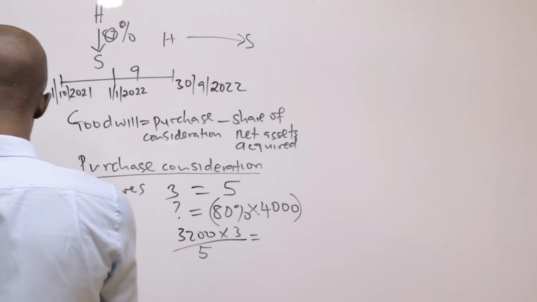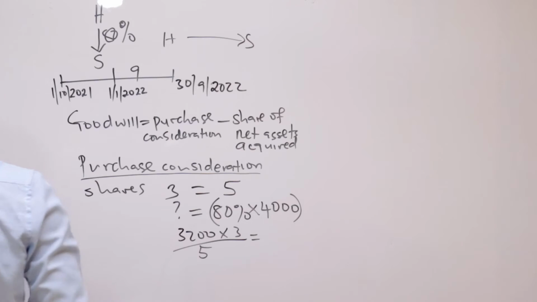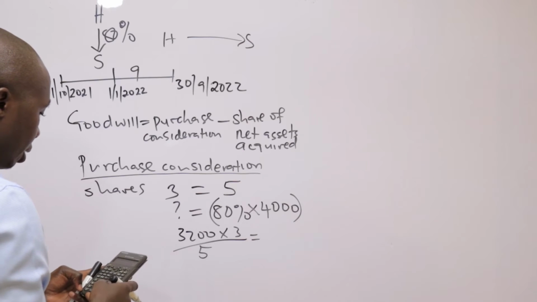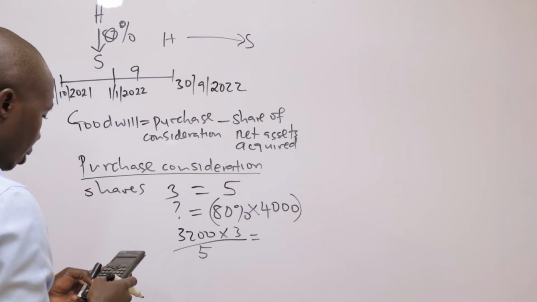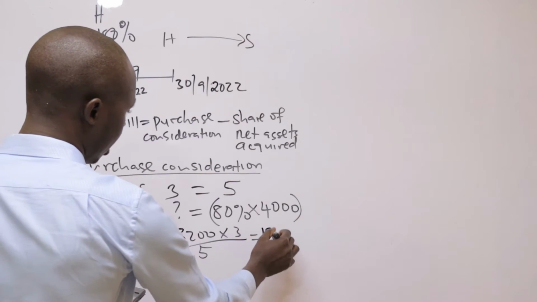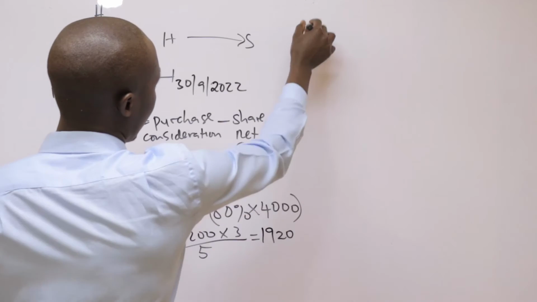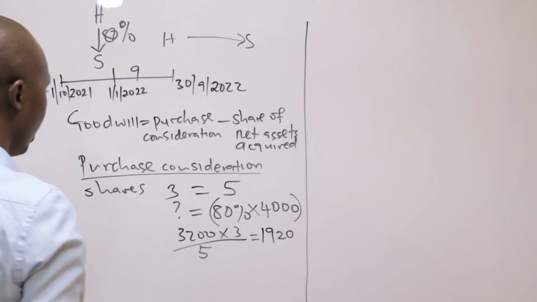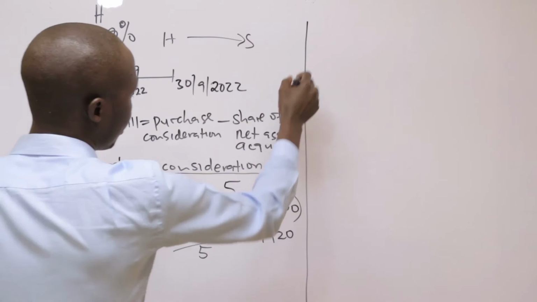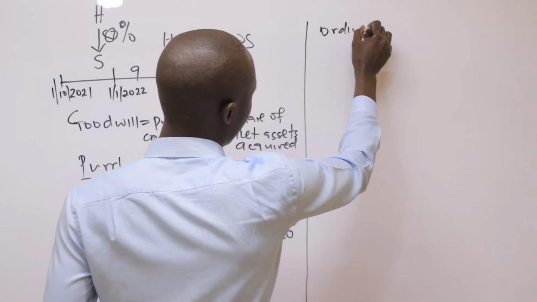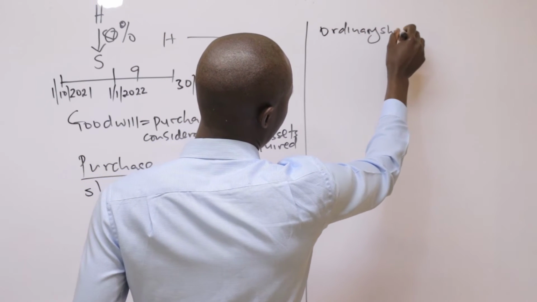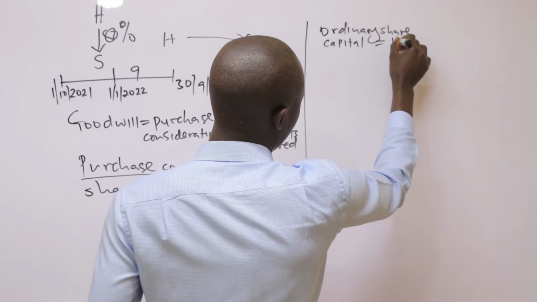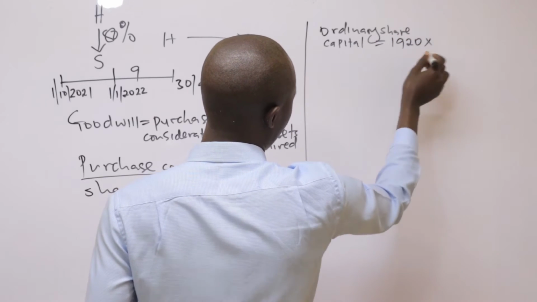So H acquired how many shares in S? 3,200 times 3 divided by 5 is 1,920. After that, we need to know the value. My ordinary share capital will be 1,920 times something.